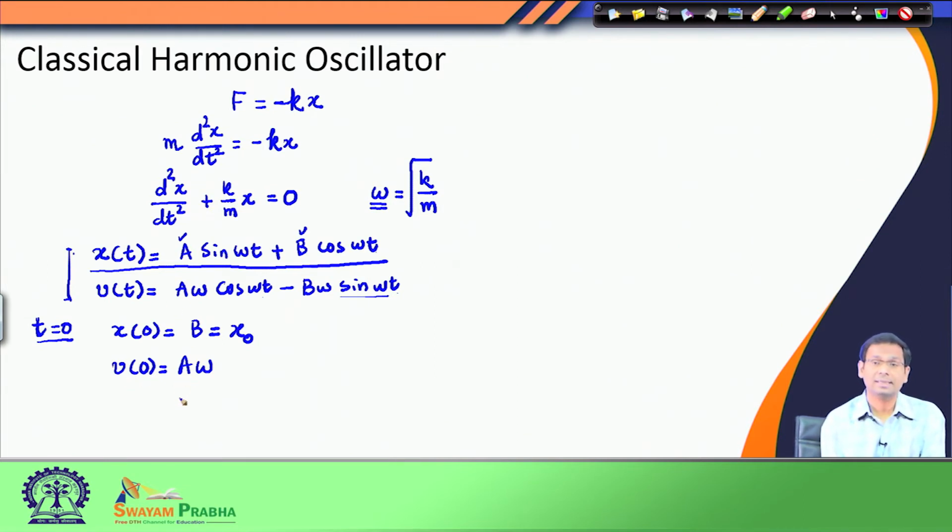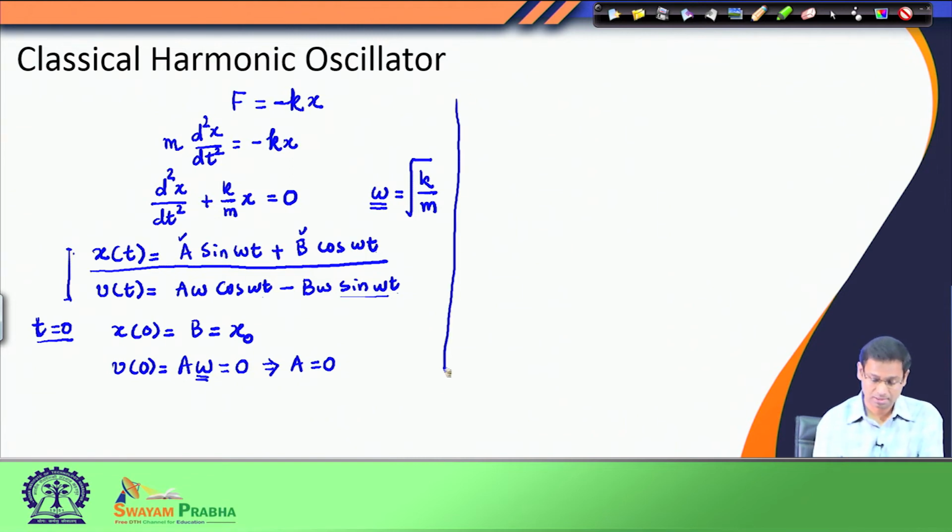But I know that in the beginning the spring was at rest, so the initial speed was 0. Since omega is related to the spring constant and the mass of the body, it is not 0, so a is 0. I now have an idea about the values of a and b.